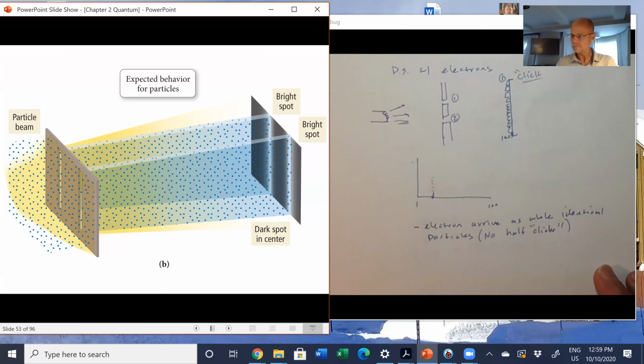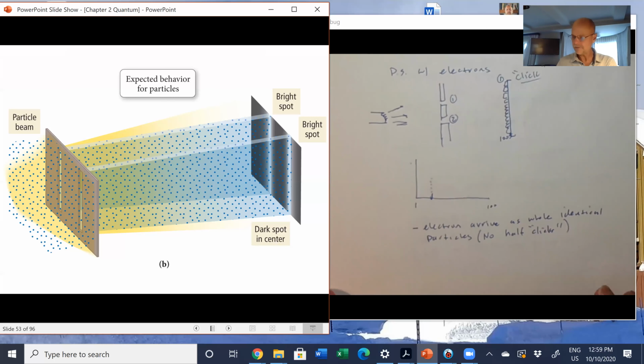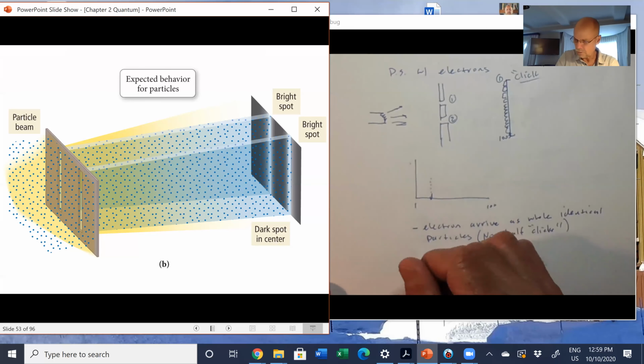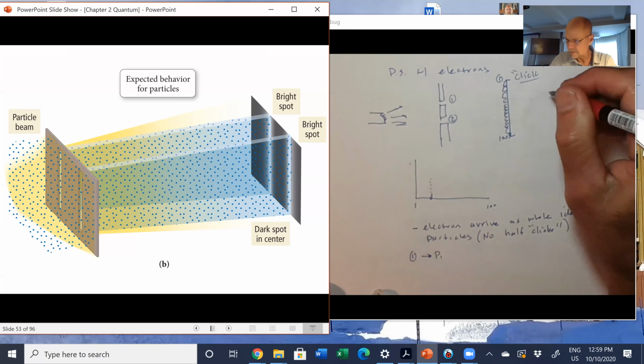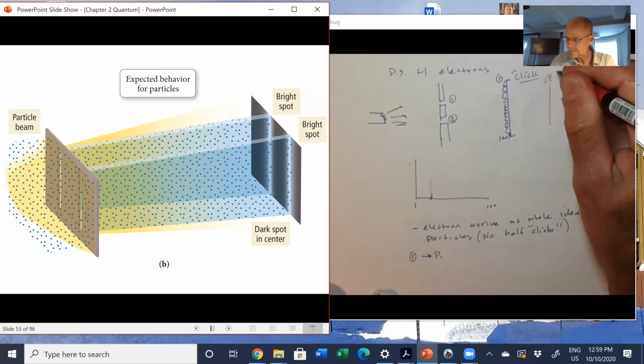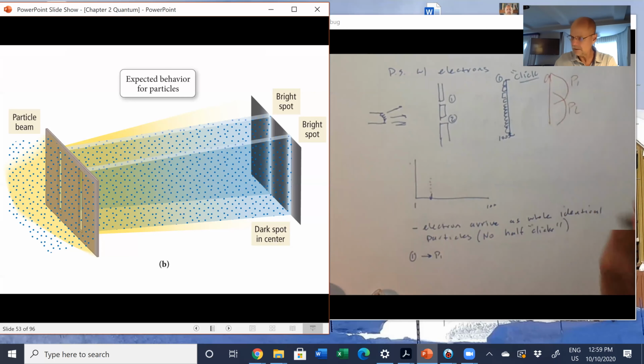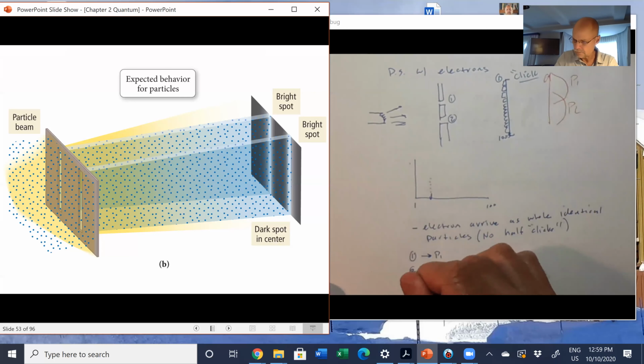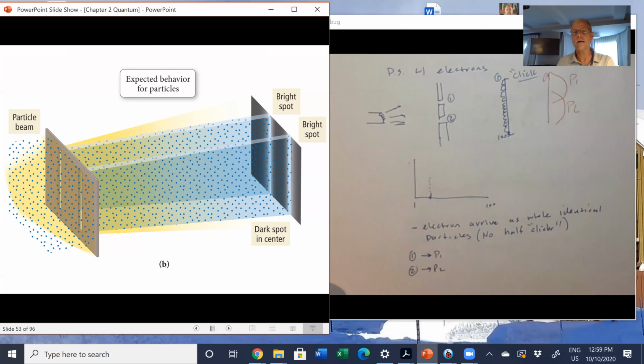Okay, the second thing you notice is if you open hole 1, you get P1, much like we might expect, right? If you open hole 2, you get P2, right?